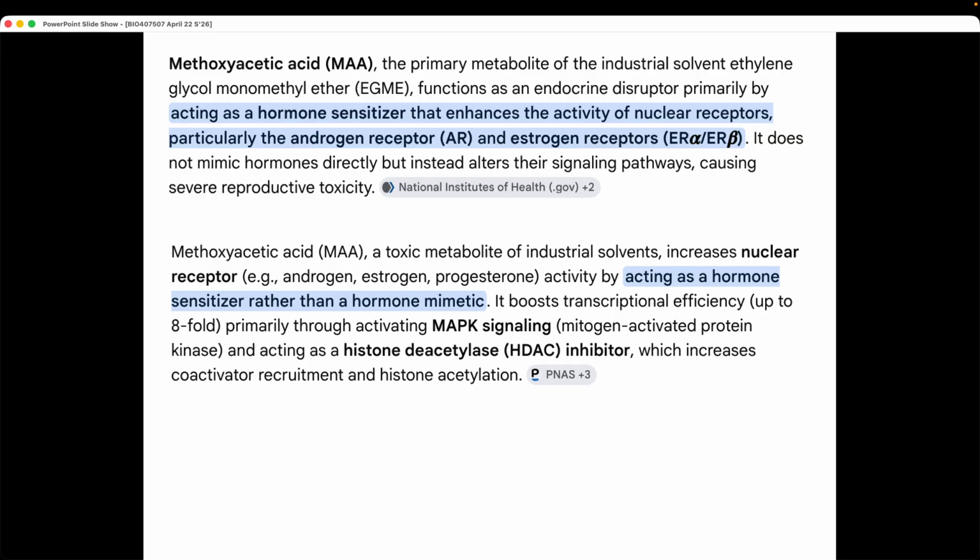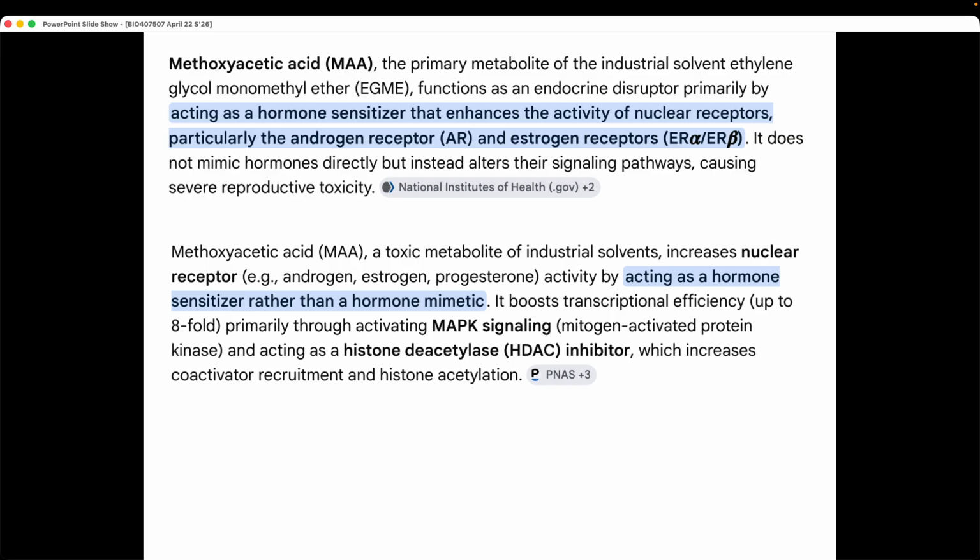But it just highlights that it's functioning as a sensitizer. So it's changing at the molecular level the sensitivity of the target cell to the hormone. And it's increasing it, but not by binding to the receptor per se, but rather acting on another step in the molecular pathway of the hormone affecting the target cell, right?